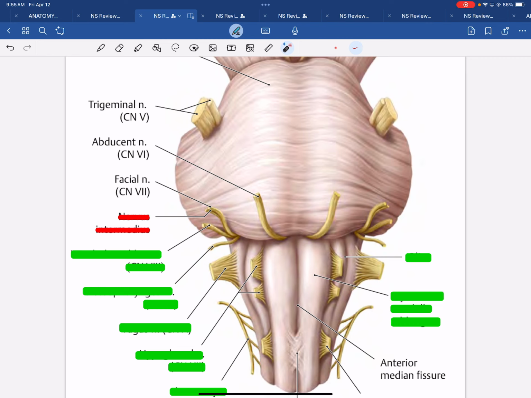So eating the food and tasting it, that's the taste to the anterior 2/3 of the tongue. And you make a disgusted face, right? That's innervation to the muscles of facial expression. You start crying because the food is bad, that's lacrimal gland. And to taste things, you have to dissolve the solute, right? So you need saliva. So taste and saliva go together, right? Okay, good.